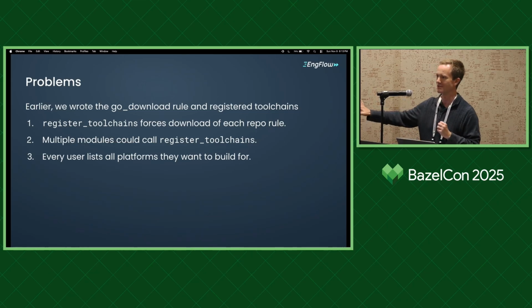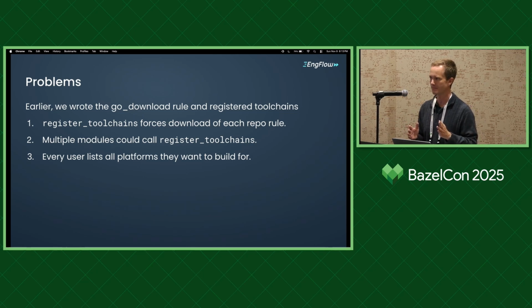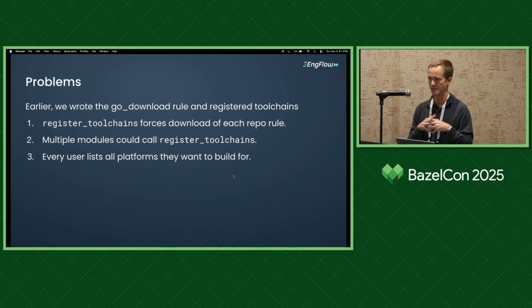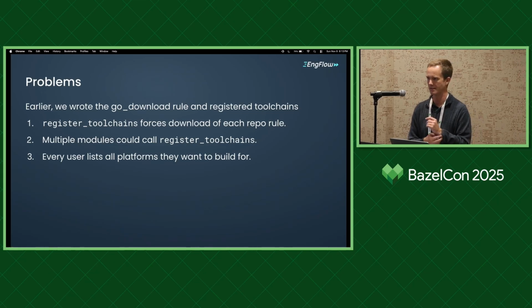Which is why I say don't do it the way that it's in all the units up until now. If you call register toolchains, that forces the repository evaluation. You can also end up with multiple repositories redundantly calling for the same toolchains, maybe with different names, and everyone has to list all the things they depend on.